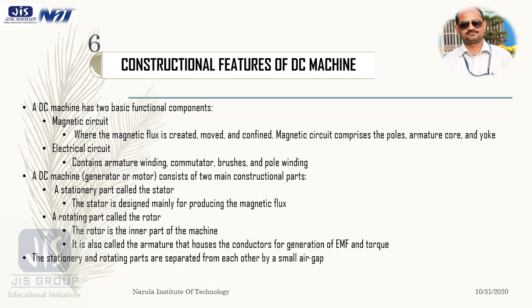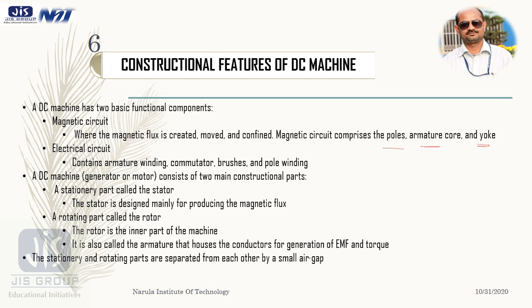A DC machine has two basic functional components. One is the magnetic circuit, where the magnetic flux is created, moved and confined, and this magnetic circuit comprises poles, armature core, yoke. So this is basically the rotating part, or not rotating part.